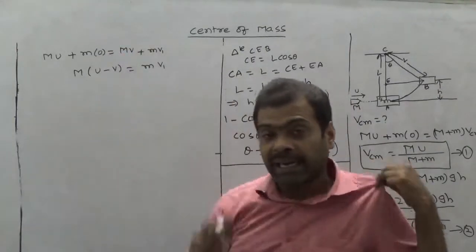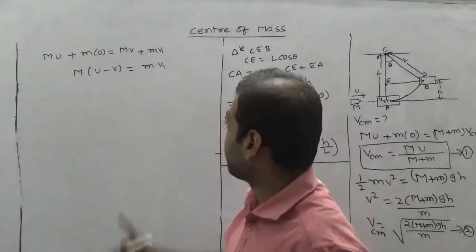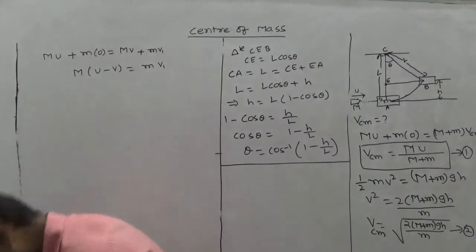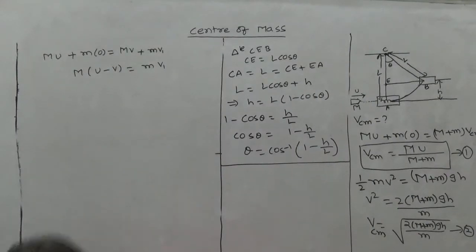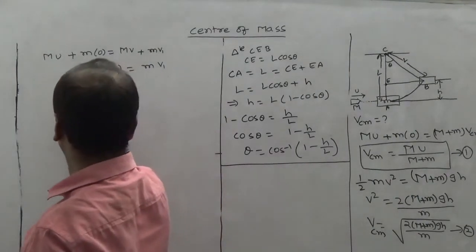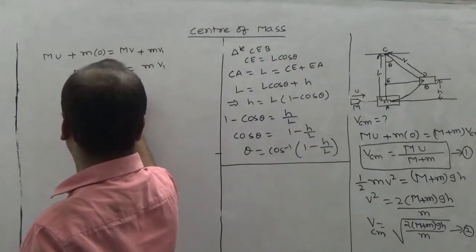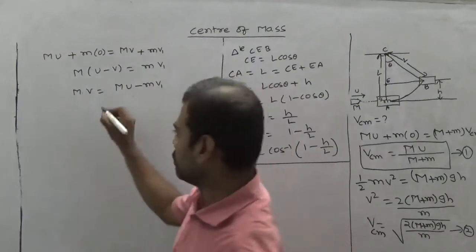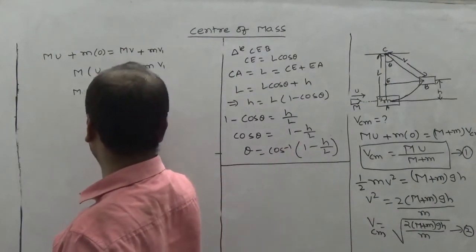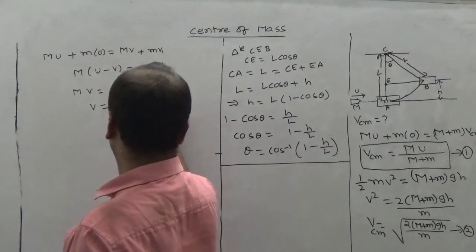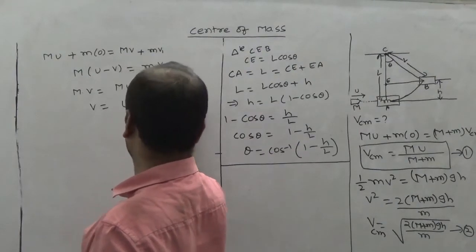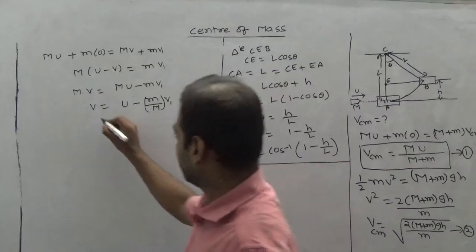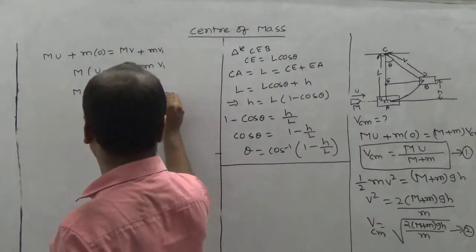Suppose if I want to find the final velocity of the bullet, I can write capital M into v is equal to capital M u minus small m into v1. So the final velocity of the bullet is u minus small m by capital M into v1. That is the final velocity of the bullet.